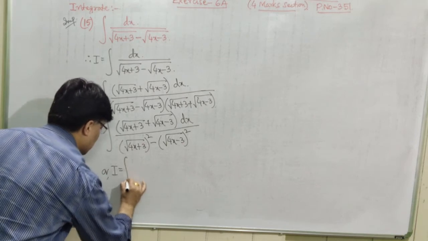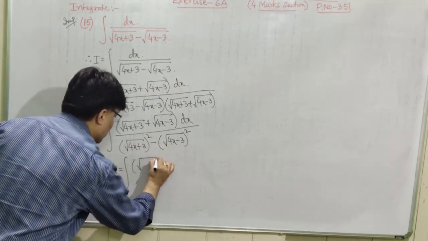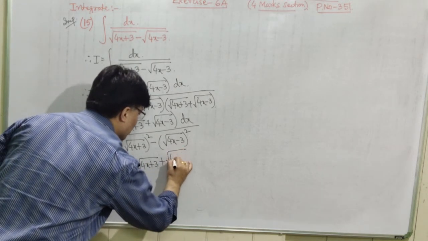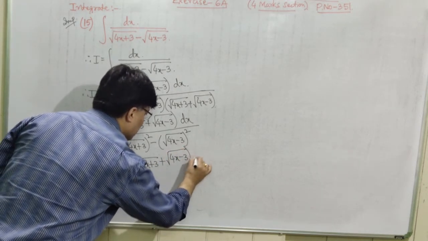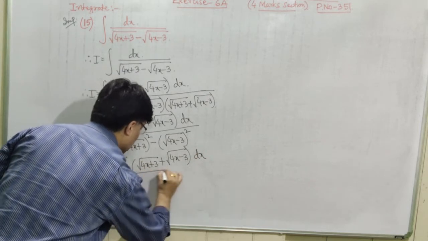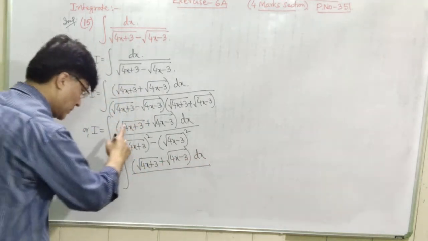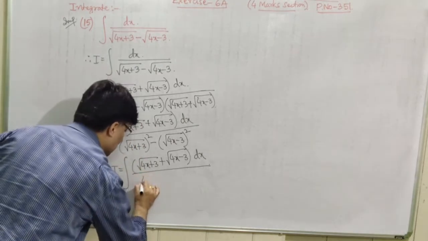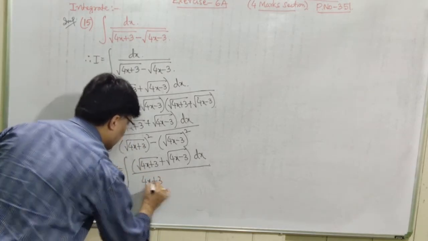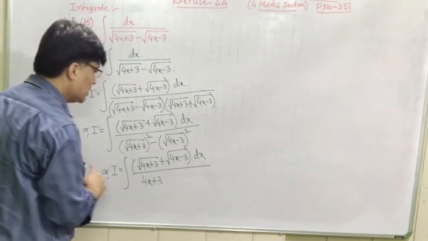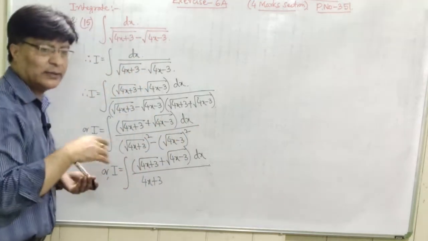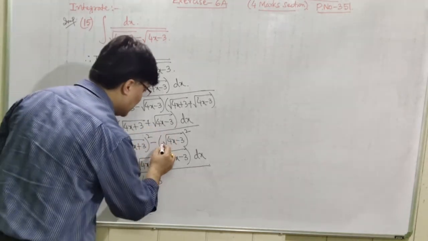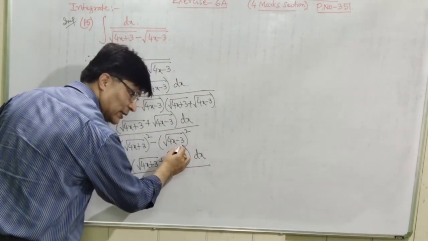I is equal to integration of root over 4x plus 3 plus root over 4x minus 3 dx, this whole divided by, let us square it. What is square root whole square? It is only 4x plus 3. Similarly, what is square root of 4x minus 3 whole square? It is 4x minus 3, isn't it? So it will be 4x minus 3.